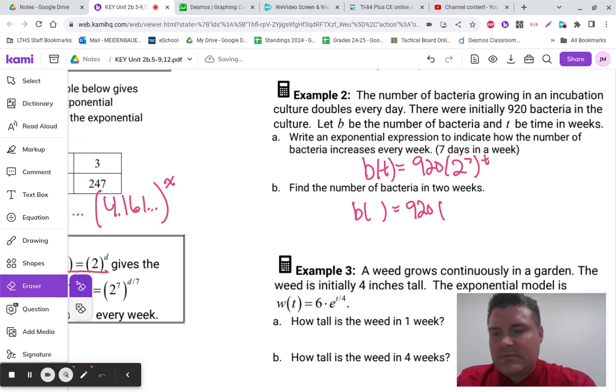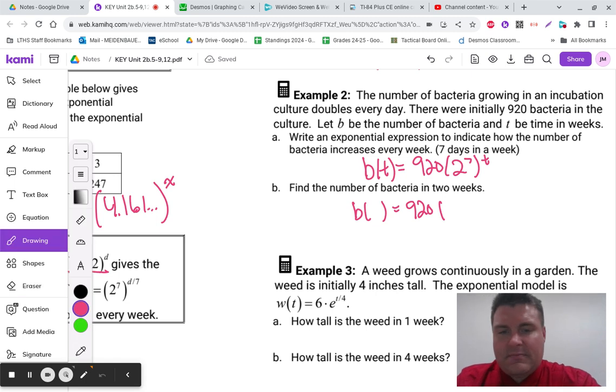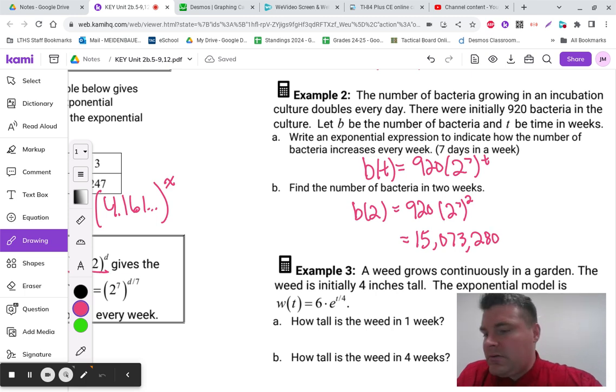It's 2 to the 7. Sorry, the 7th power already gets the days in there, to the 2. Because it is 14 days, but instead of doing 2 to the 14, we're just doing 2 to the 7, all to the 2. You can use your calculator if you want, but I have the answer. And then this is, again, number of bacteria.